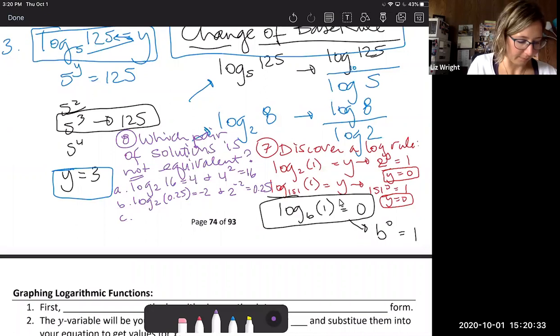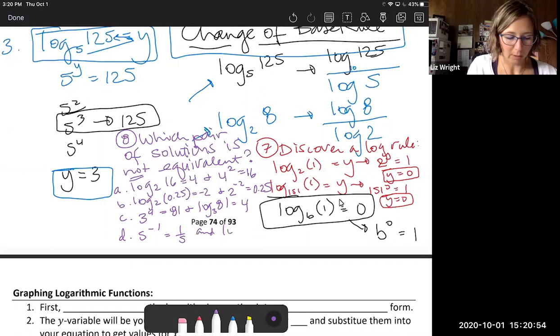Letter C. 3 to the 4th equals 81, and log base 3 of 81 equals 4. And D states 5 to the negative 1 equals 1/5, and log base 5 of 0.2 equals -1.